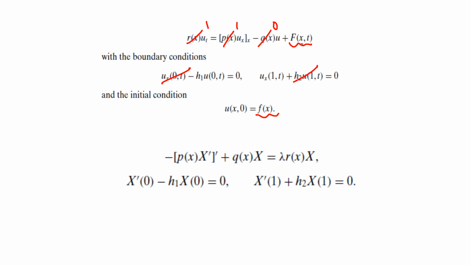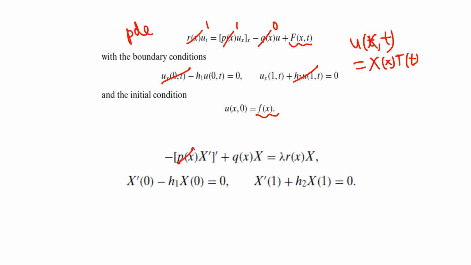If we plug in U(x,t) equals X times T, trying to separate the variables, because this is a PDE, and whenever we want to solve a PDE, we want to separate the variables, then we end up getting this.